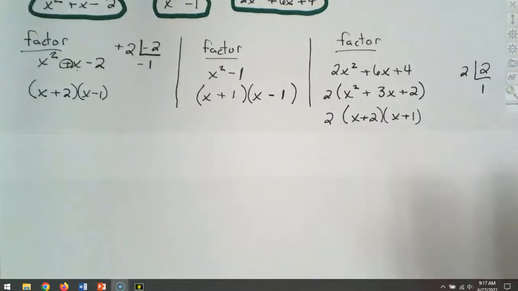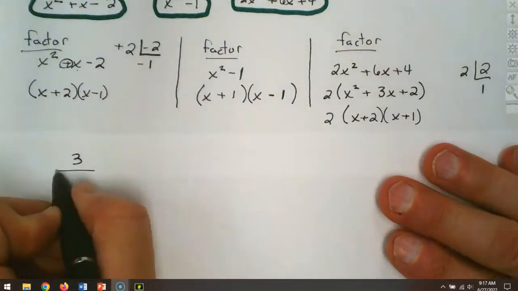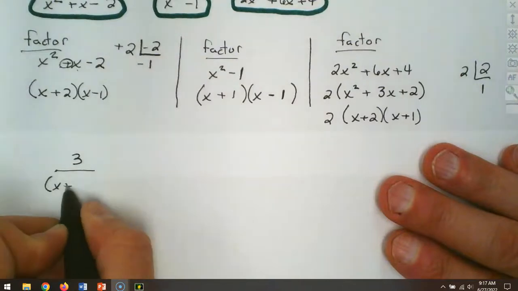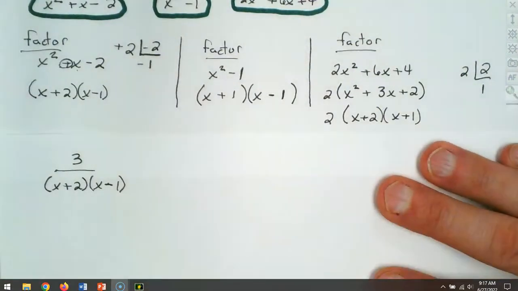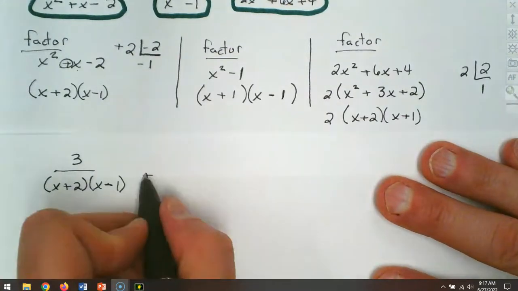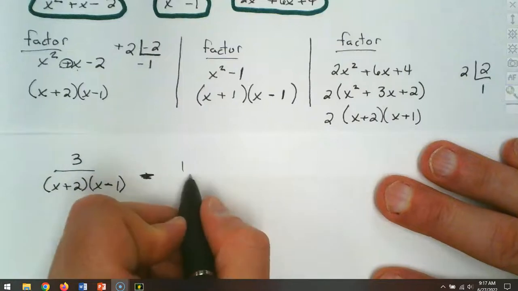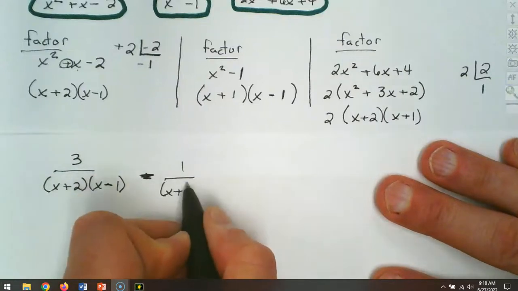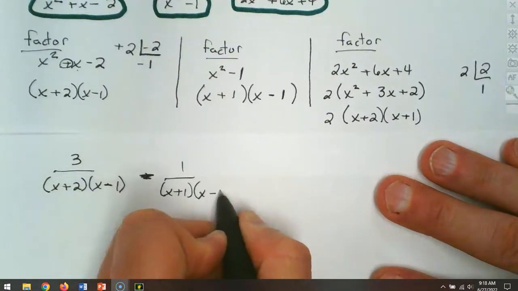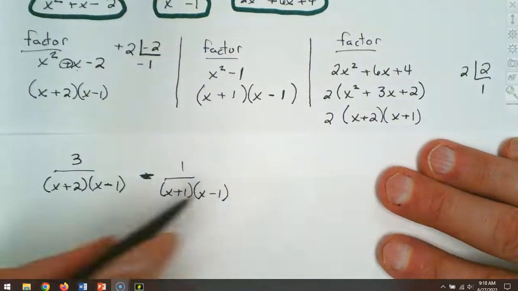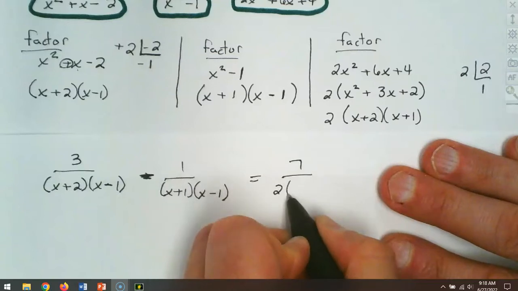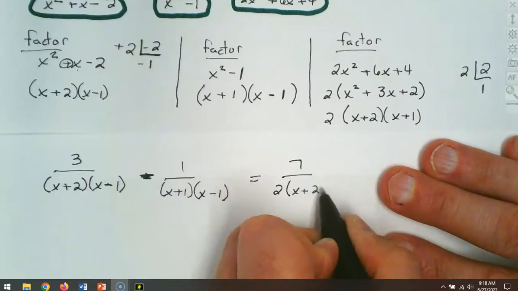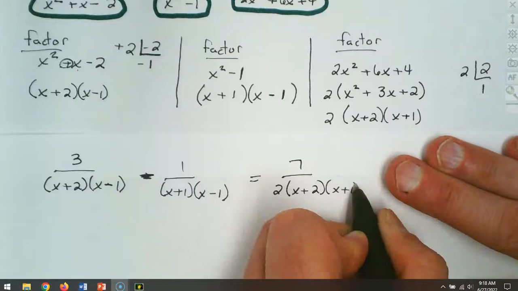Now we rewrite. The first one is 3 over x plus 2, x minus 1. The next one, we factored that x squared minus 1. There should be a minus here. So we factored that into x plus 1, x minus 1. Bring down our equals, and then we've got a 7 over, we've got a 2 out in front, x plus 2, x plus 1.